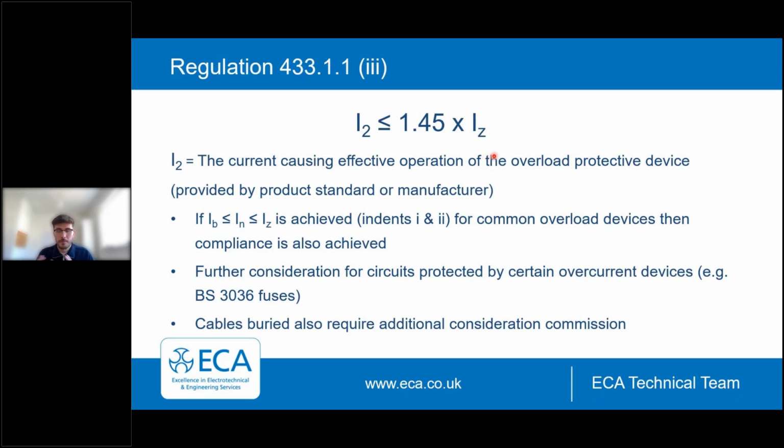So BS 7671 accepts that the cables could go beyond their maximum operating temperatures, but it is essential that such currents do not persist for long periods.